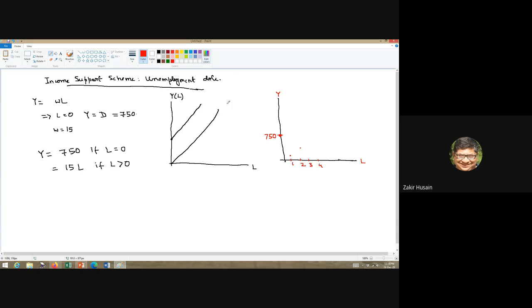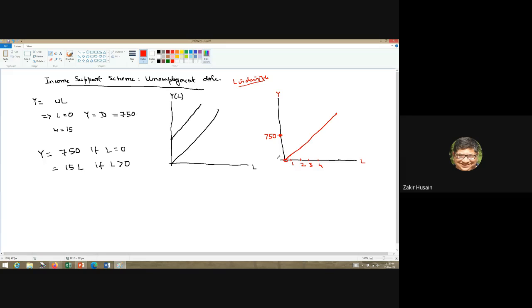If we assume that L is perfectly divisible, that means you can have points like 0.1, 0.2. So the line is going to go from here, but there is going to be a space over here.